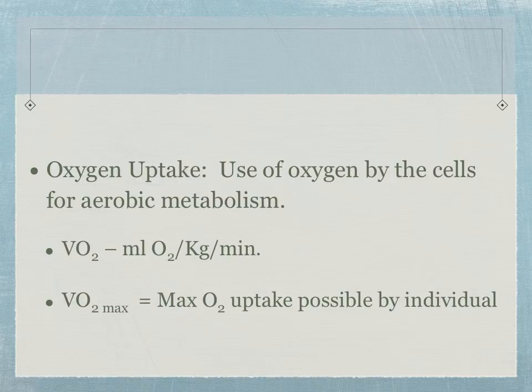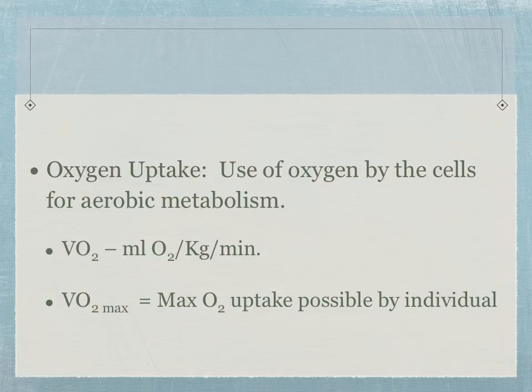It's a reflection of a fit system: the lungs' ability to transfer oxygen to the blood, the heart's ability to pump that oxygenated blood to the working muscle, and the working muscle's ability to extract oxygen from the blood and within the muscle produce energy, or ATP, for muscular contraction.